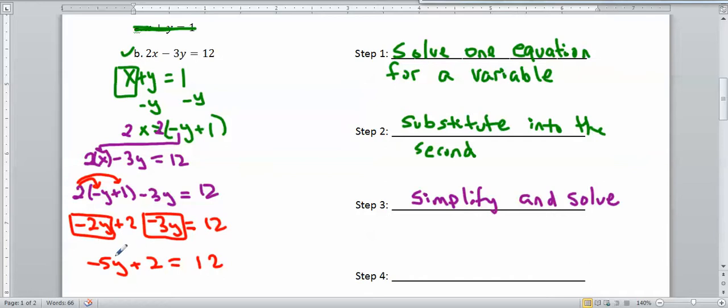So now I can solve this equation for y. Y is the variable that I need to get by itself. Okay, so I'm going to subtract 2, get negative 5y equals 10. And I'm going to come up here. So now that negative 5y is equal to 10.